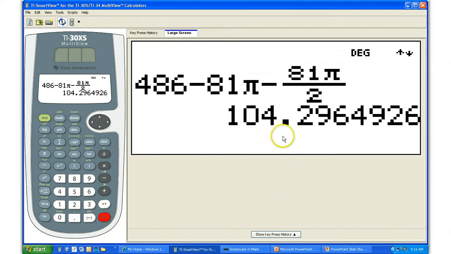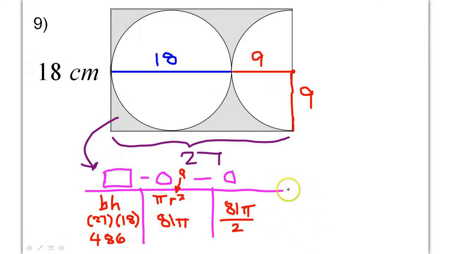Okay, 104.3. Even rounded to the nearest hundredth, that's what we're going to get. Okay, so that's going to equal 104.3.